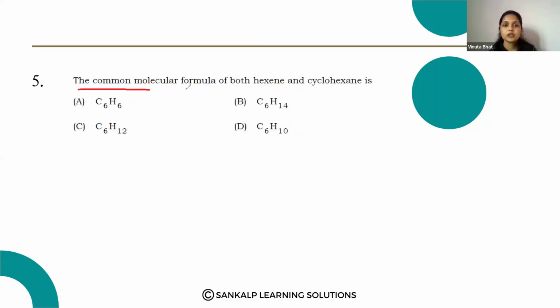The common molecular formula of both hexene and cyclohexane is... Hexene means it has a double bond. Here C6H6 is benzene.